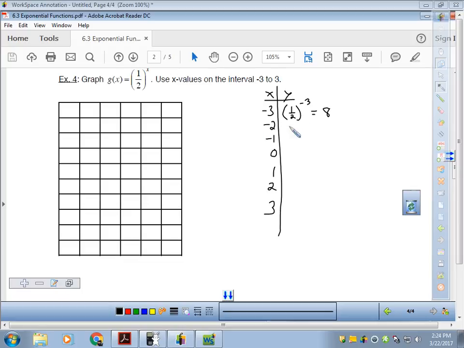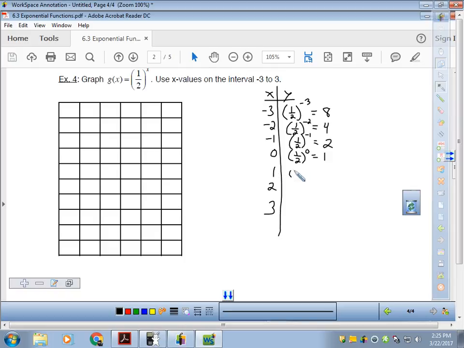Okay. When you plug in -2, you have 1/2 to the -2 power. It's going to be 4. The negative is going to flip the fraction, so it becomes 2. 2 squared is 4. 1/2 to the -1 power. The negative flips it, so you get 2. 2 to the 1st power is 2. Plug in 0. 1/2 raised to the 0 power is 1. Because anything raised to the 0 power is 1.